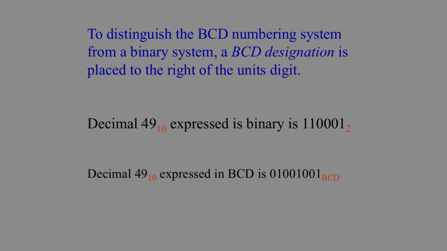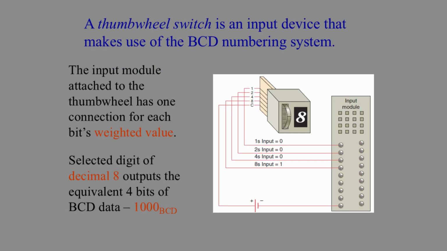A practical example of BCD in action is the thumb wheel switch. This input device allows an operator to select a decimal digit, which is then automatically converted into BCD for the PLC to read. The input module connected to the thumb wheel has one line for each bit's weighted value: 1s, 2s, 4s, and 8s.